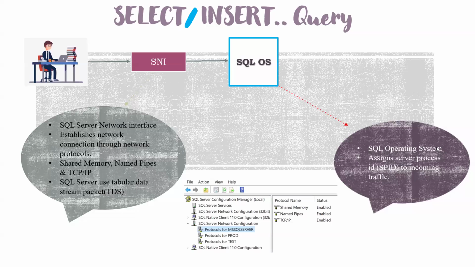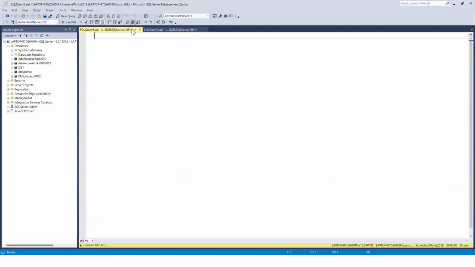The SQL operating system assigns a server process ID, that is, the SPID, to the incoming traffic. So for your session, SQL OS will generate one SPID.